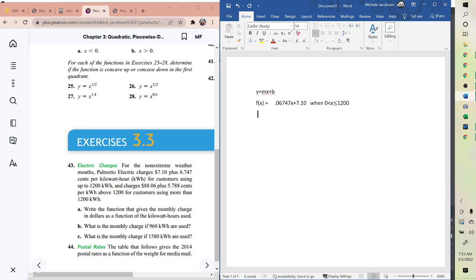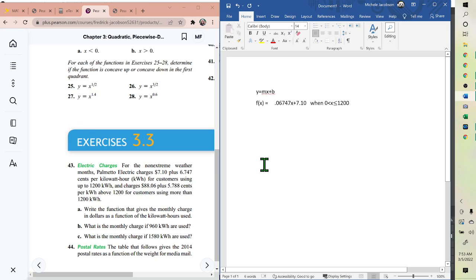The second equation says for customers using up to 1,200 was this one, and then it says charges 88.06 plus 5.788 cents per kilowatt hour. That means it's the rate again above 1,200.